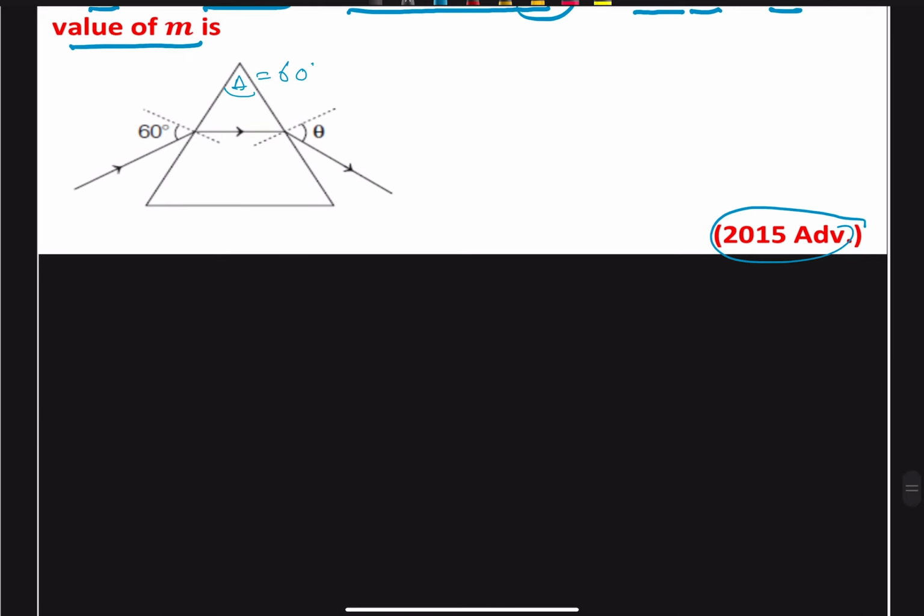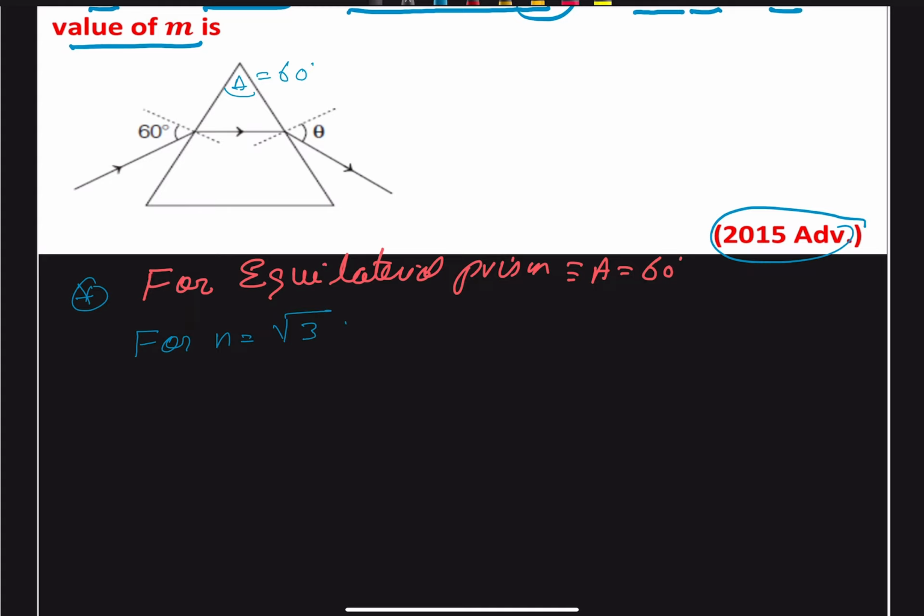And therefore we can say that for an equilateral prism, we have angle A is equal to 60 degree, and we are also given that for n is equal to square root of 3, the angle of incidence, let us suppose I1, is equal to 60 degree.